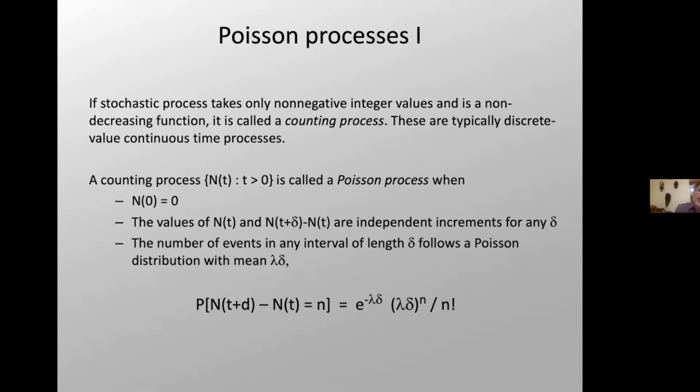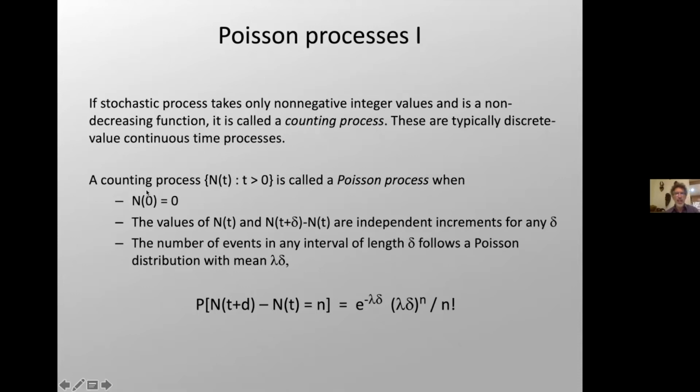Okay. Now, what if your random variable has the particular characteristic of having non-negative integer values, like 12 or 17 or 2 or 0, just not -7, and not a real number? Okay, then it's called a counting process. Okay, and we have counting processes in astronomy.